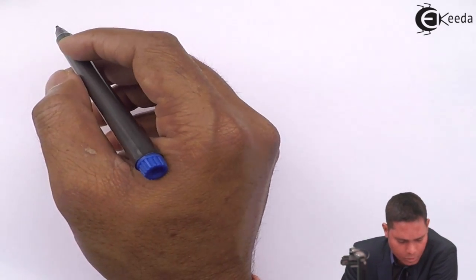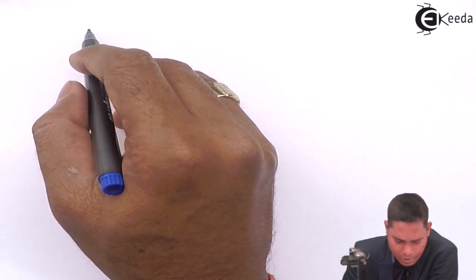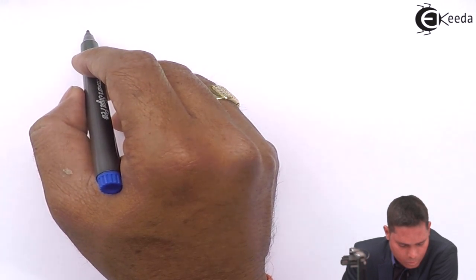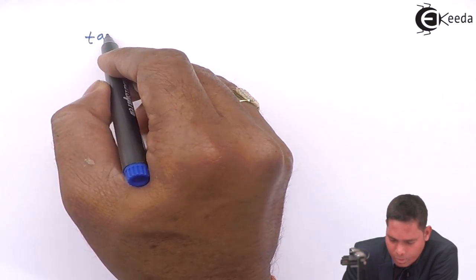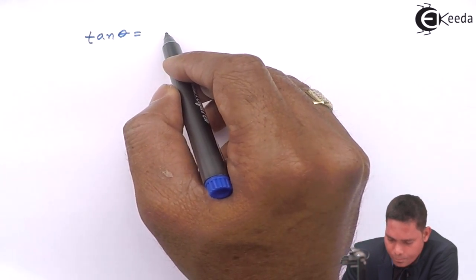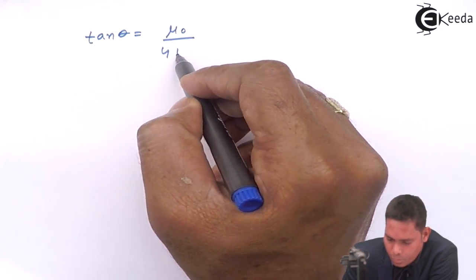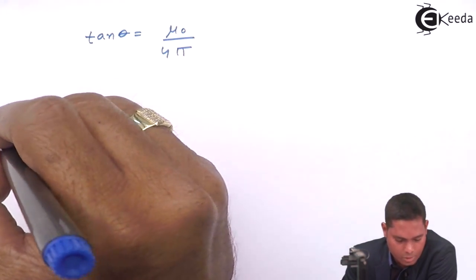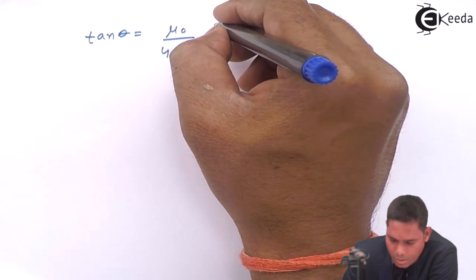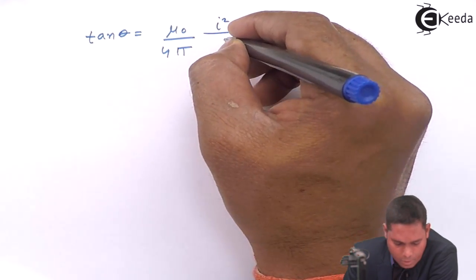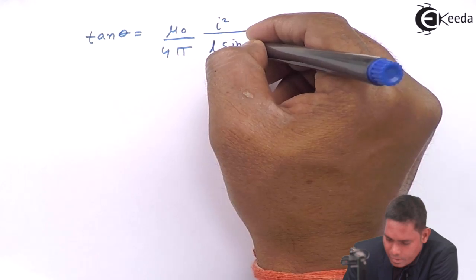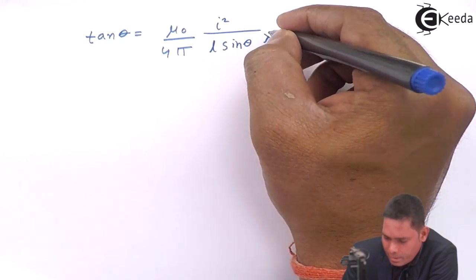So from here the question is to find I. So I will rearrange the equations. Before that I'll write the equation once more. Tan theta is mu 0 upon 4 pi, 4 pi I square upon L sin theta, and lambda g was divided to this.